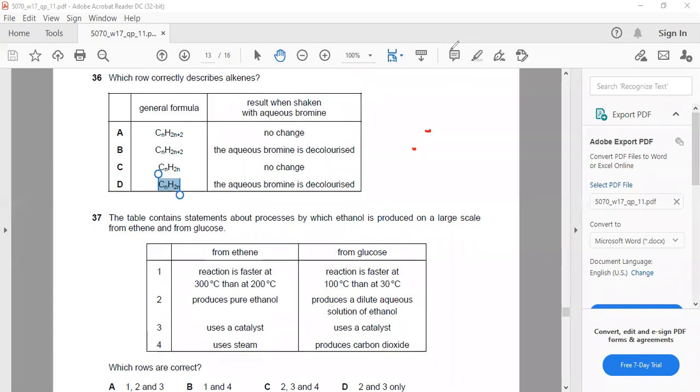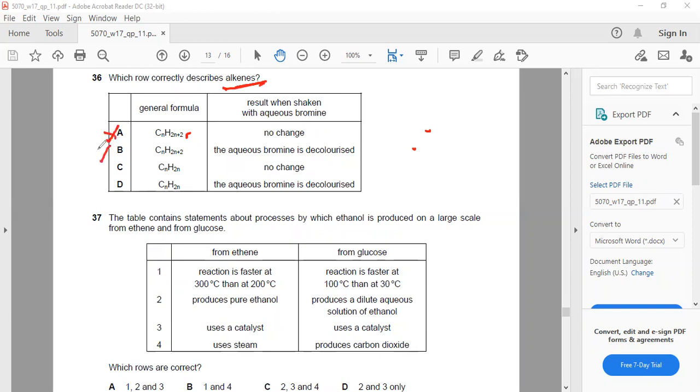36, very easy. General formula you know about alkane. CnH2n+2 is alkane, no reaction with bromine. What is the question? Alkene.